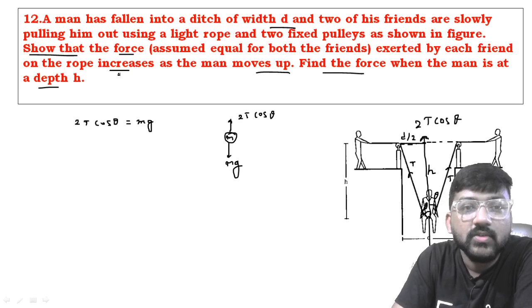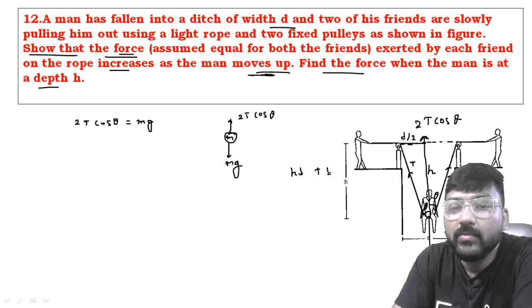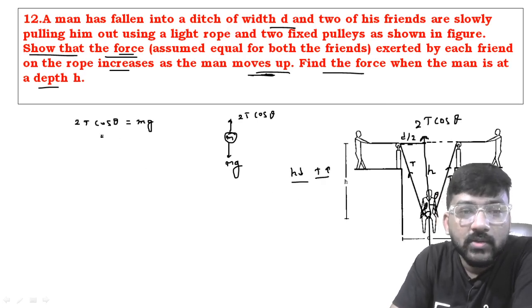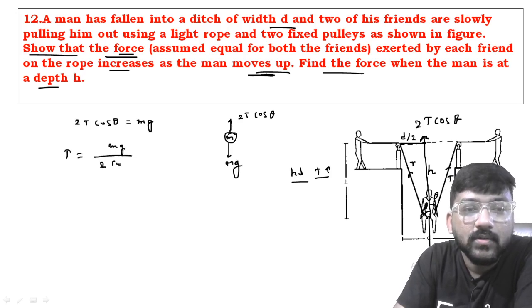T is the force actually, and you have to show that the force exerted by each friend on the rope increases as the man moves up. So you have to find out that as H decreases, T will increase. So you can find out from here that T is equal to mg upon 2 cos theta. Let us find what cos theta is actually. What is cos theta?